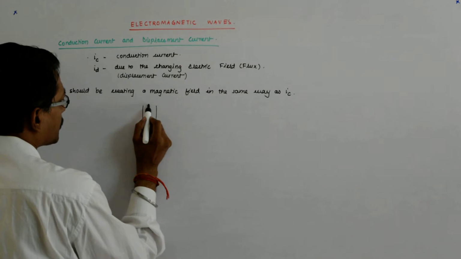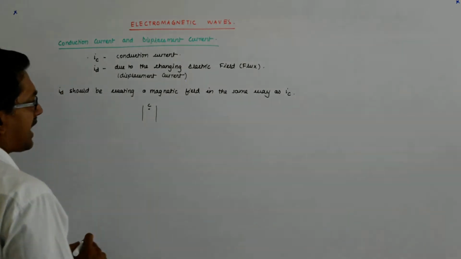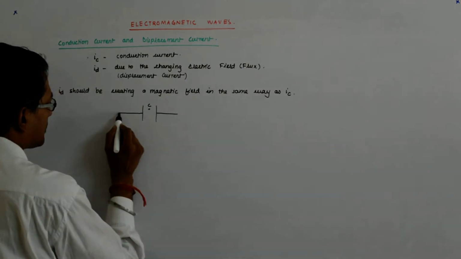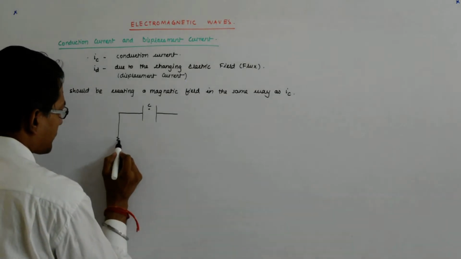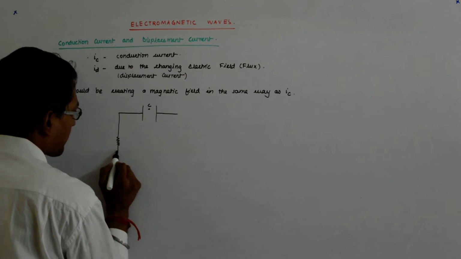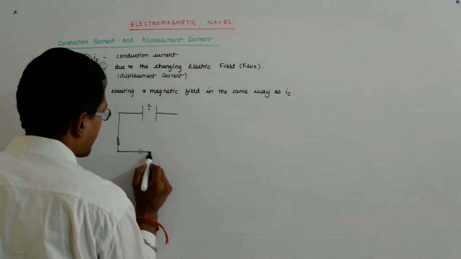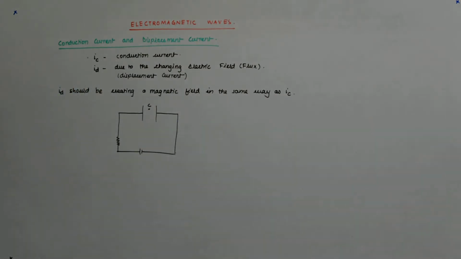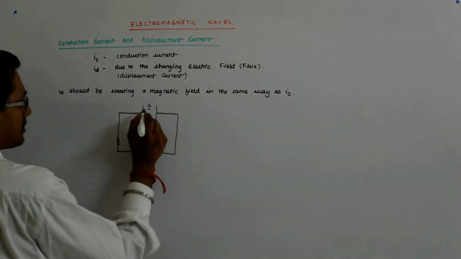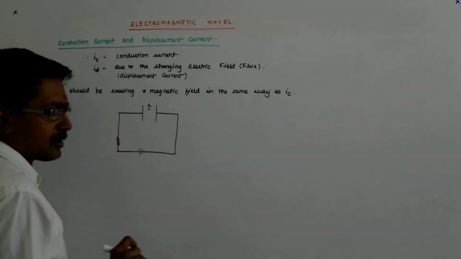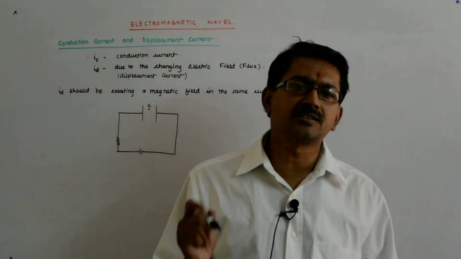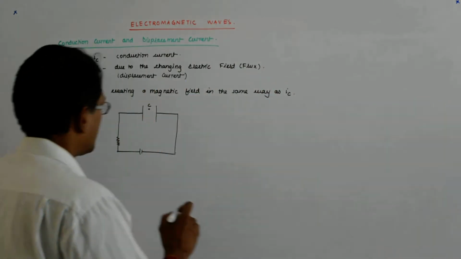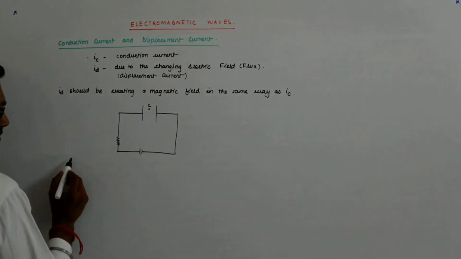Say if I ask you to calculate the field at point C due to a charging capacitor. It is quite possible to both compute and measure this field. It is not a hypothesis.